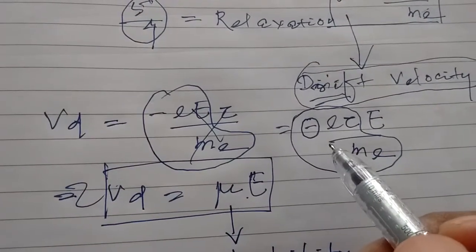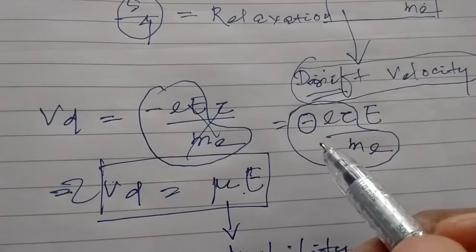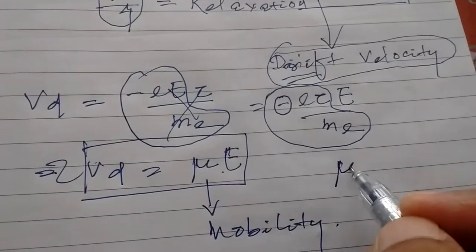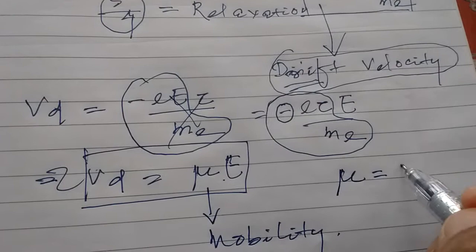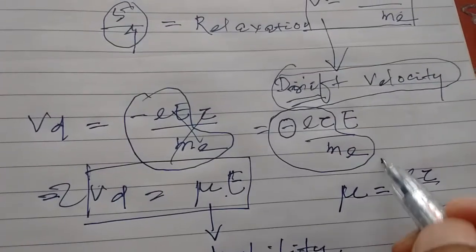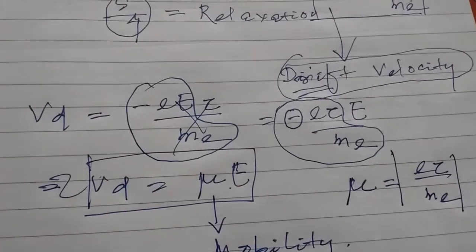So the negative sign only indicates its direction, it has nothing to do with its magnitude. That's why mu value is simply mod E tau by me. Okay, got this?